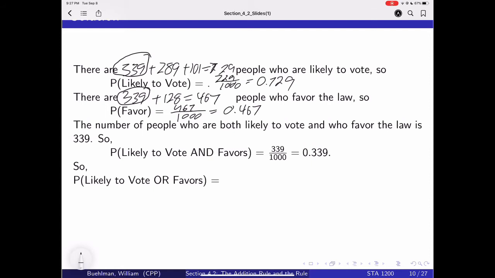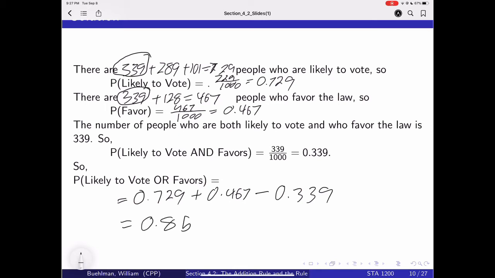So the probability that somebody is likely to vote or favors the law is 0.729, the probability that they're likely to vote, plus 0.467, the probability that they favor the law, minus 0.339, which is the probability they are likely to vote and favor the law, because that's where we count them a second time, so we need to subtract that out, which gives us a total probability of 0.857.